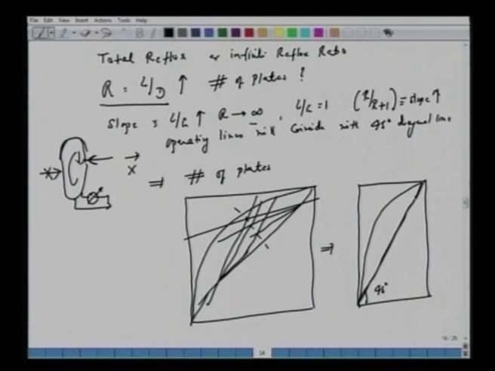All right. So in this case, for the construction of the number of stages, you do the same thing we did earlier, starting from x_t go to y1, then x1, y2, etc. Since the operating line coincides with the diagonal, you get the minimum number of plates.